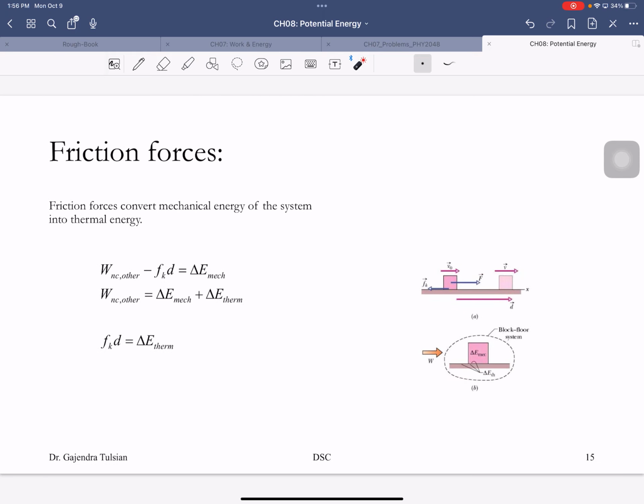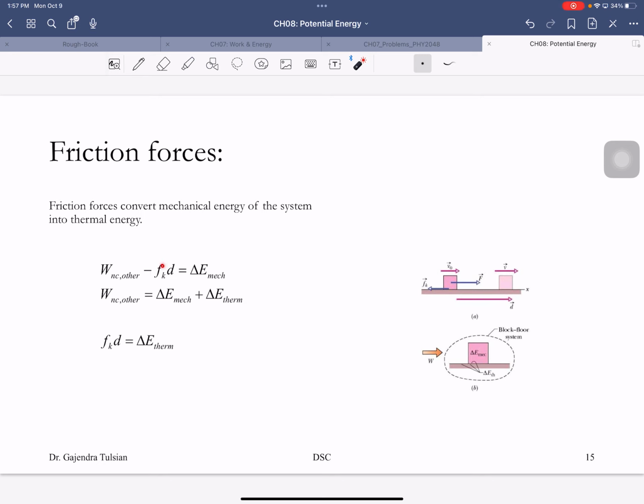Now it turns out that friction is one of them, and the work done by friction is easy to calculate, so we separate that. So here's other mechanical energy, and here's work done by friction. What does friction do to mechanical energy? It reduces it. It converts mechanical energy to heat. Friction always does negative work, and the negative sign tells you it's decreasing mechanical energy.